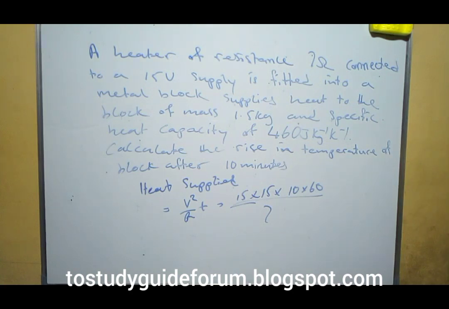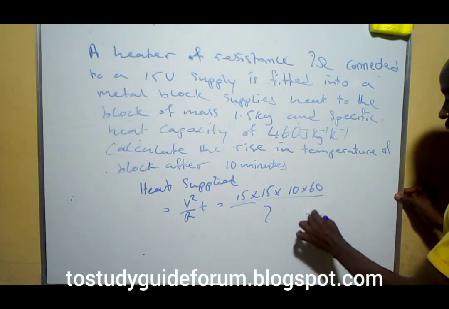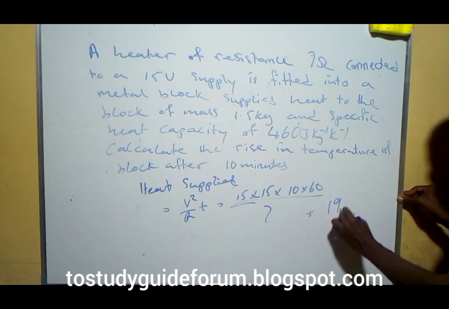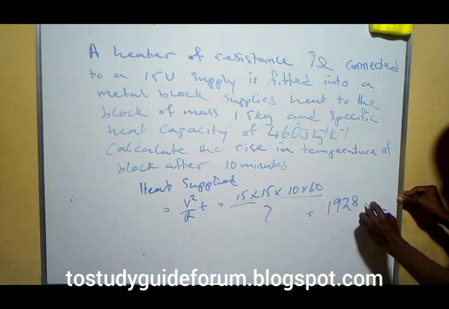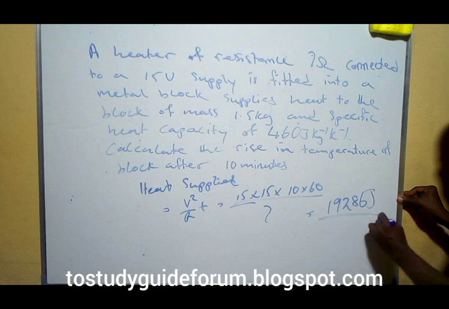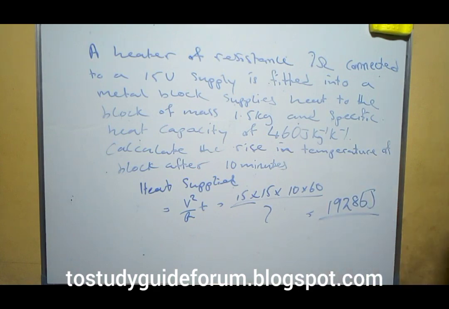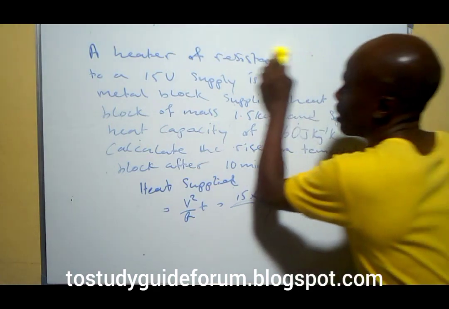By multiplying them, we'll have 19286 joule of energy.